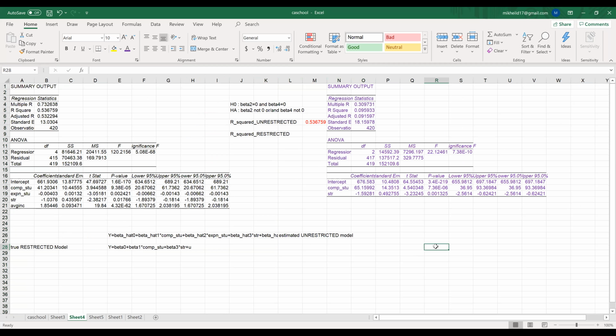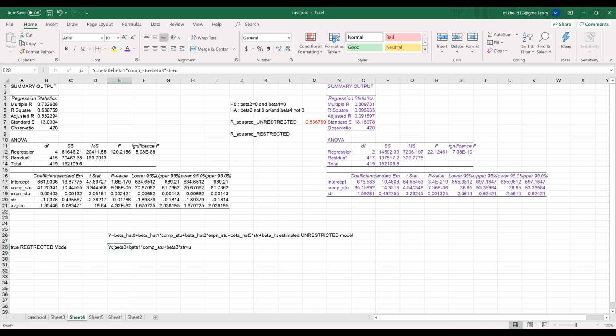Okay, so this model only includes these two variables, right? So these estimation results correspond to this true model.